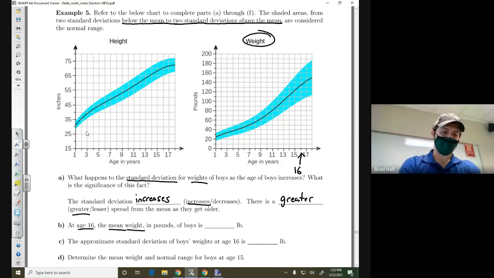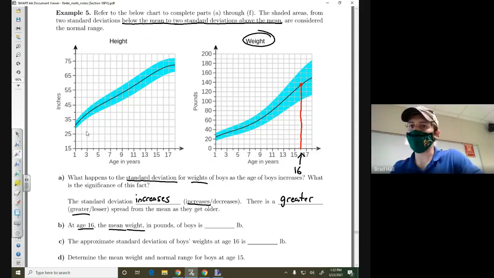So basically it's asking if we go up at 16, where's that value at? And it might be hard to see if you're in class right now, maybe if you're virtual as well. It'll be a little bit more clear when you do the homework, but it's in between two grid lines.